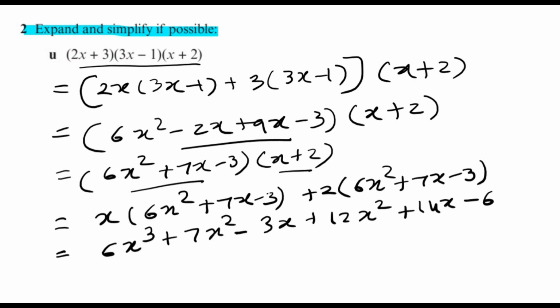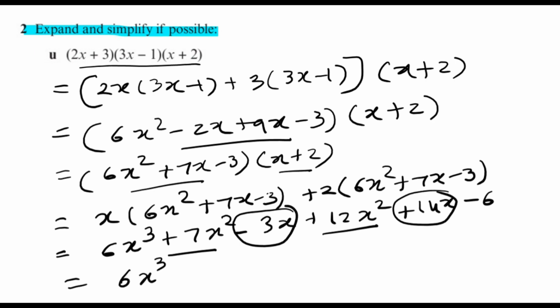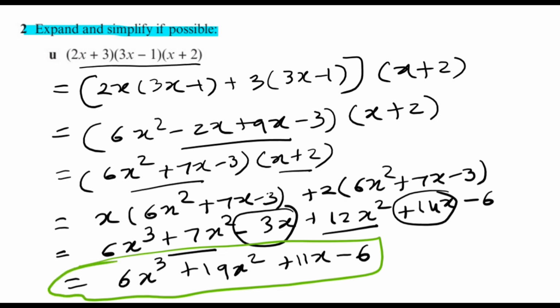Look for like terms. 7x squared, 12x squared, and minus 3x plus 14x. Simplify it. So 6x cubed plus 7 plus 12, 19x squared, minus 3 plus 14 will give you plus 11x minus 6. So this is our final answer.